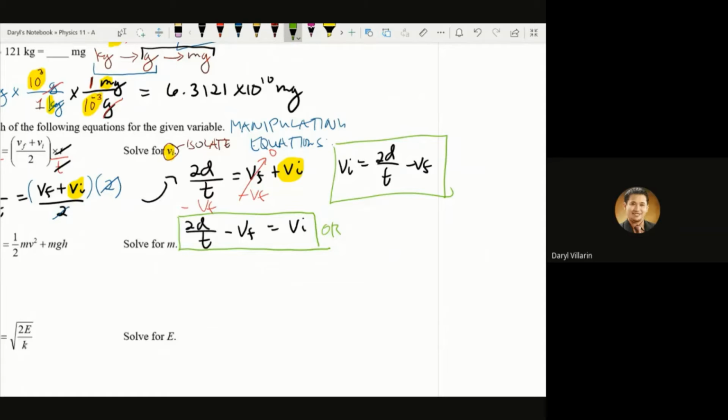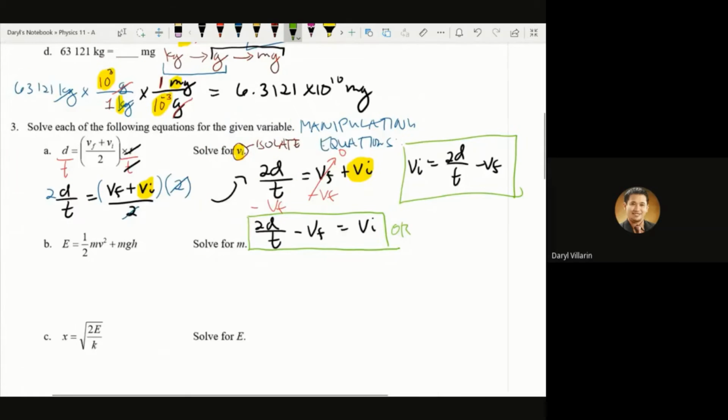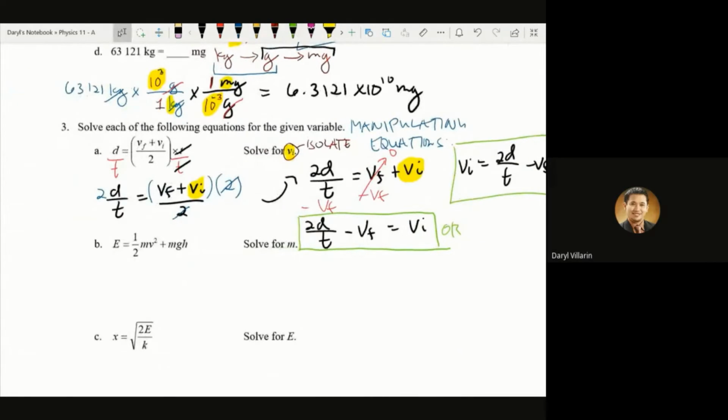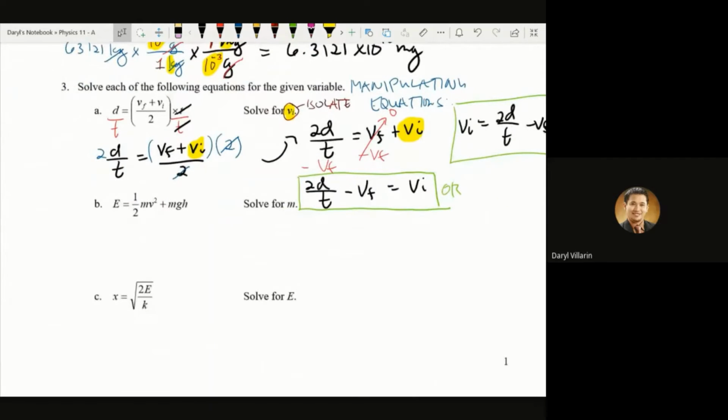Okay, we can do letter B, solving for m. So we want to solve for m in this case. So that means that I'm going to isolate my m. So how would I isolate my m? Well, this contains two terms containing m.